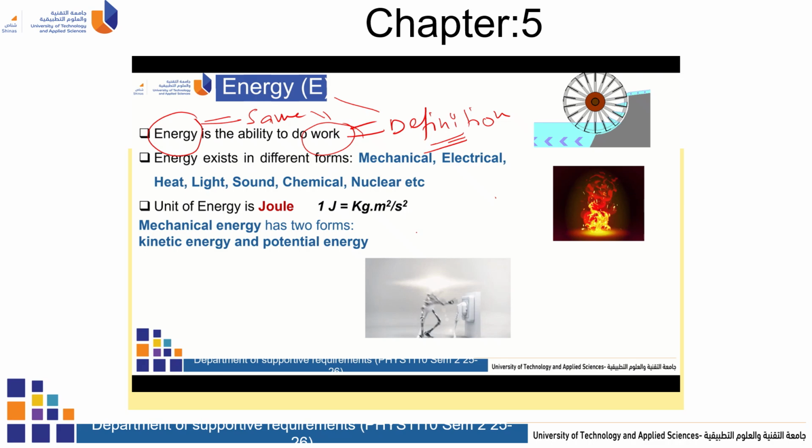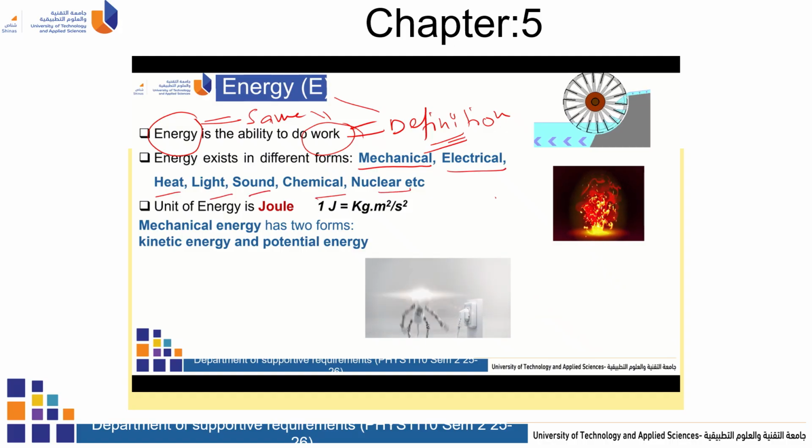Different forms of energy are given here: mechanical energy, electrical, heat, light, sound, chemical, nuclear. There are so many. In this chapter we have to study mechanical energy in detail.